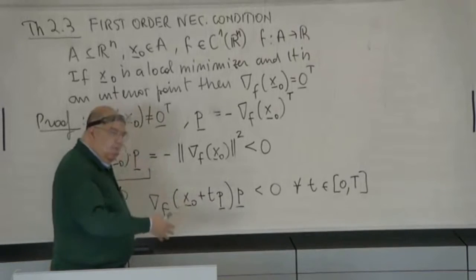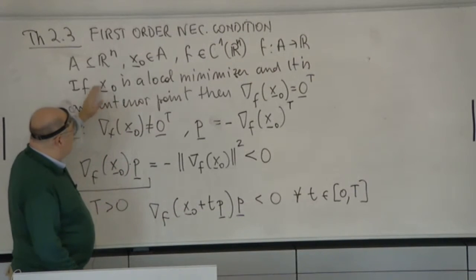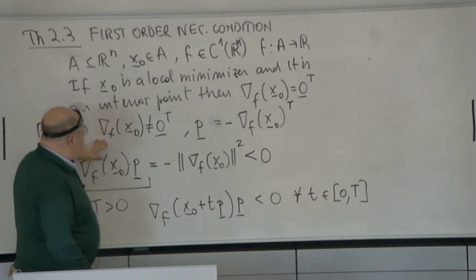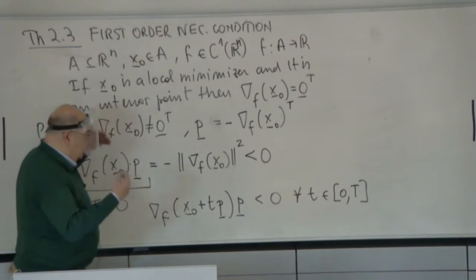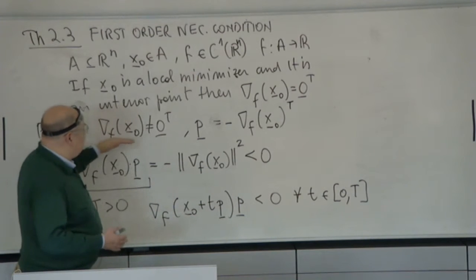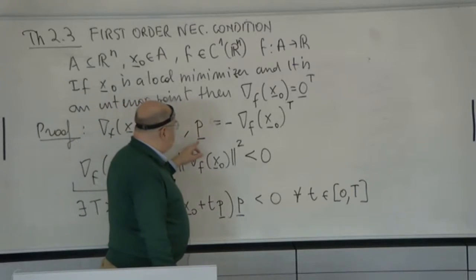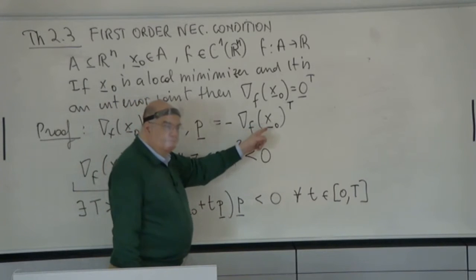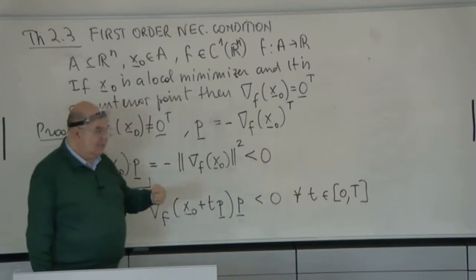Okay, I go again, I review the proof, okay? We started by saying, well, x0 is a local minimizer and it is an interior point. We assume by contradiction that, in addition to this, the gradient is not zero. So we choose p as a vector which is the negative gradient, so we are going in the direction opposite to the gradient.